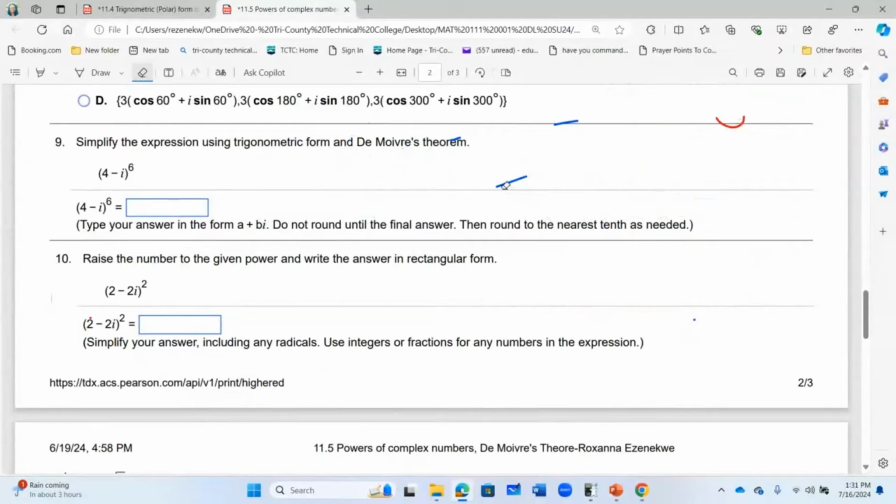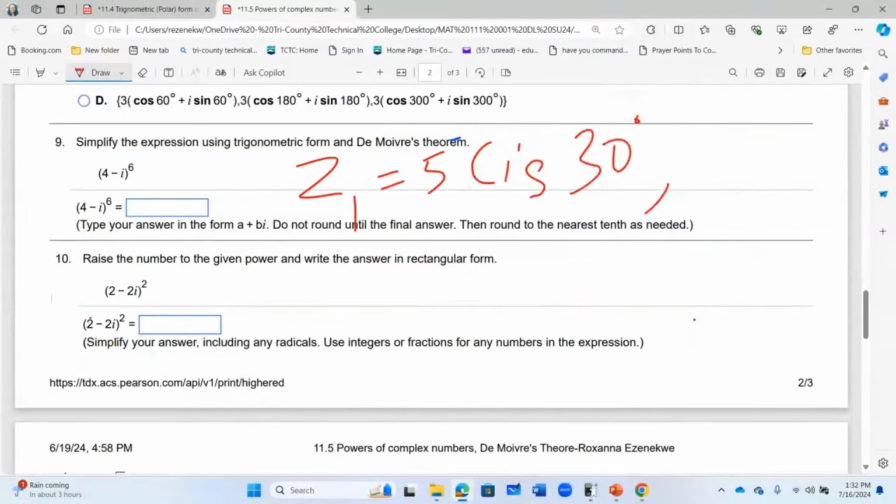If a complex number is in polar form or trigonometric form, suppose I have Z1 is 5 cis 30 degrees, and I have Z2 is equal to 4 cis 45 degrees.